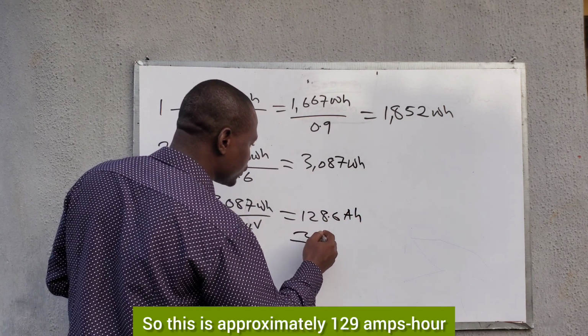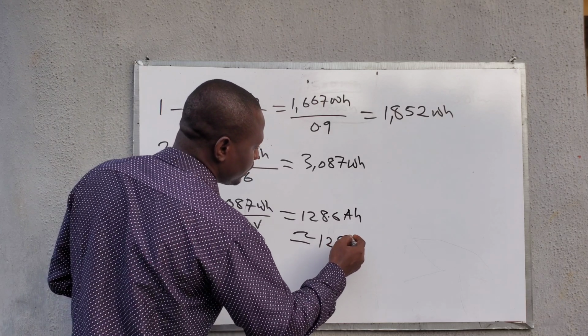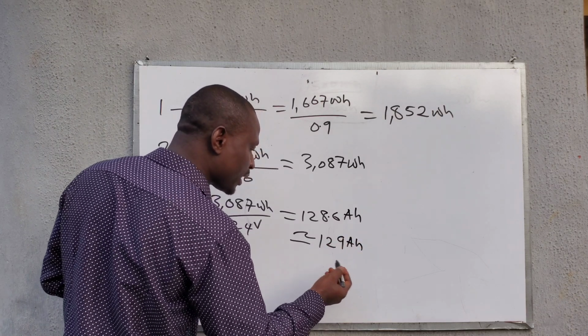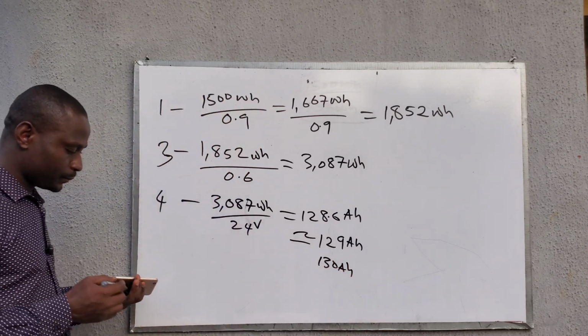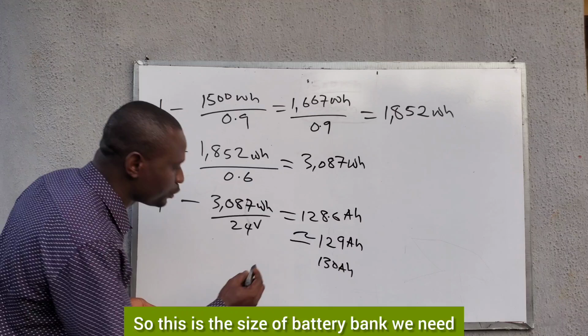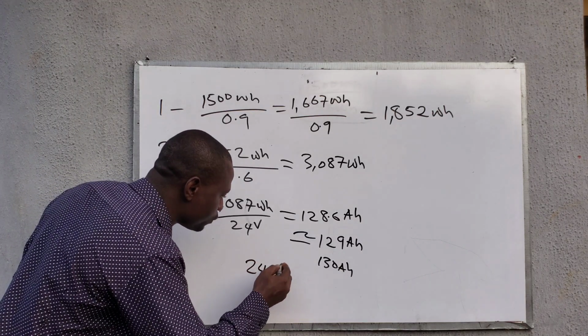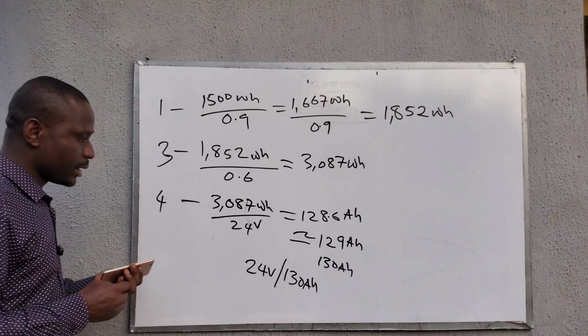So this is approximately 129 amps hour, or we can just say 130 amps hour. So this is the size of battery bank we need. So this will be a 24 volts, 130 amps hour battery.